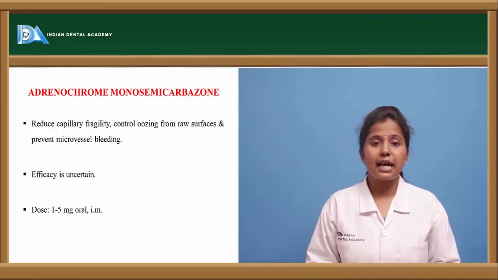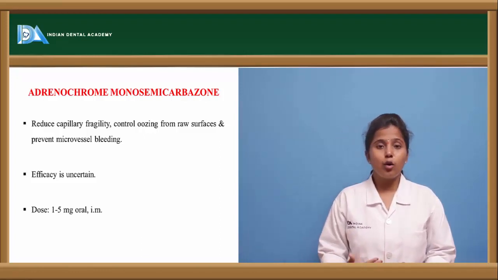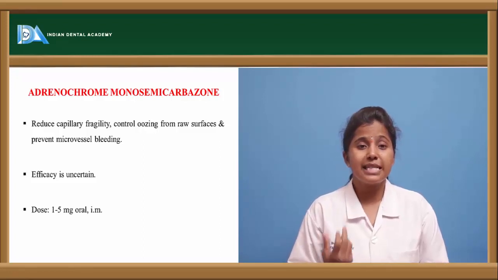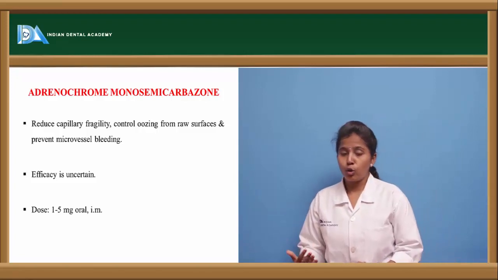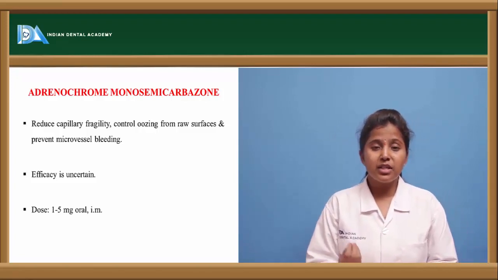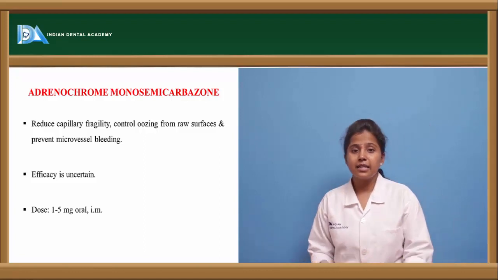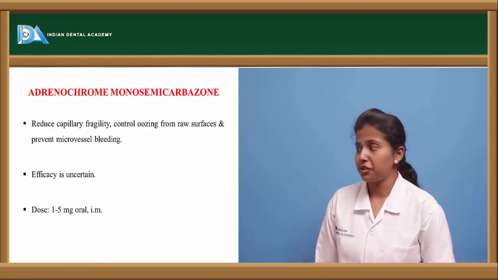It reduces capillary fragility. If there is any loss of blood, then these capillaries become fragile, or easily breakable. So adrenochrome prevents the capillaries from becoming fragile, and thereby it exerts its action of coagulation.